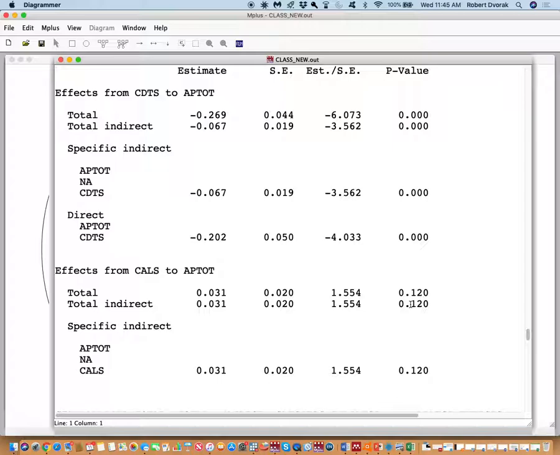So if we have x1, x2, and m1, and m2, and then y, and we have this relationship, and this relationship, and this relationship, and this relationship, and this one, and this one, we have a series of simple indirect effects, right?